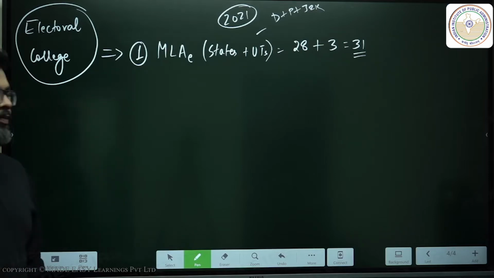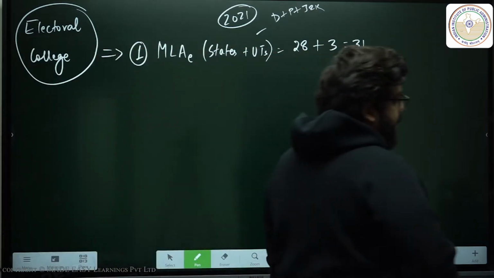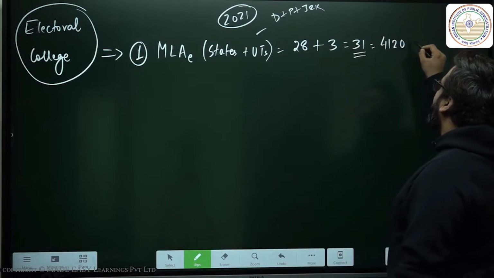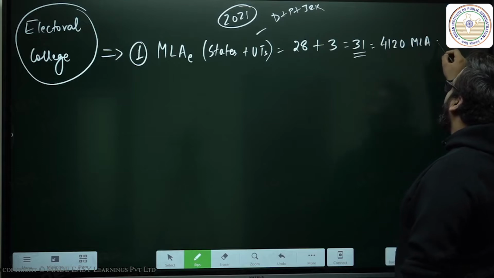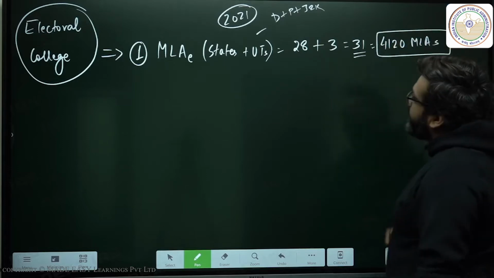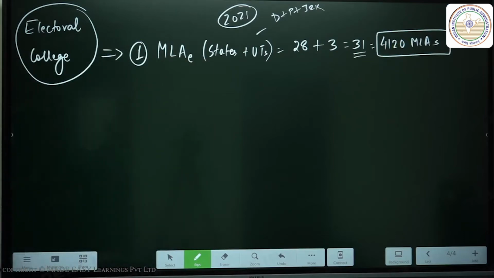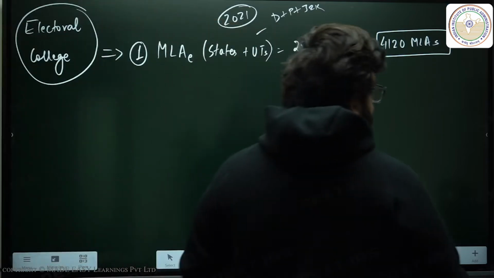Yes? And these 31 legislatures in total have 4,120 MLAs. India, as of 2021, should have 4,120 MLAs.